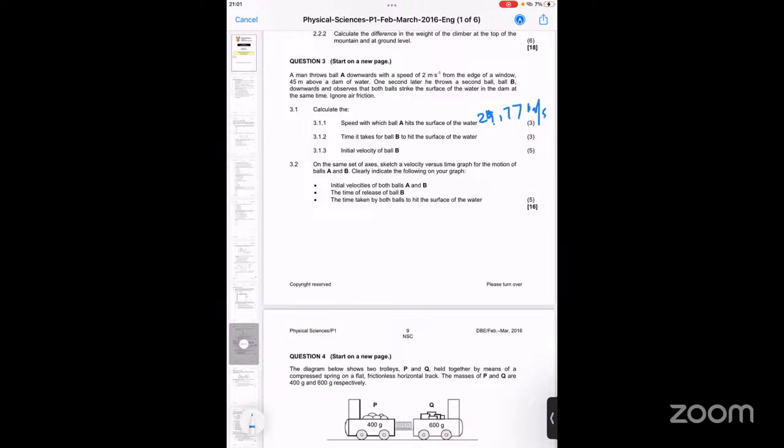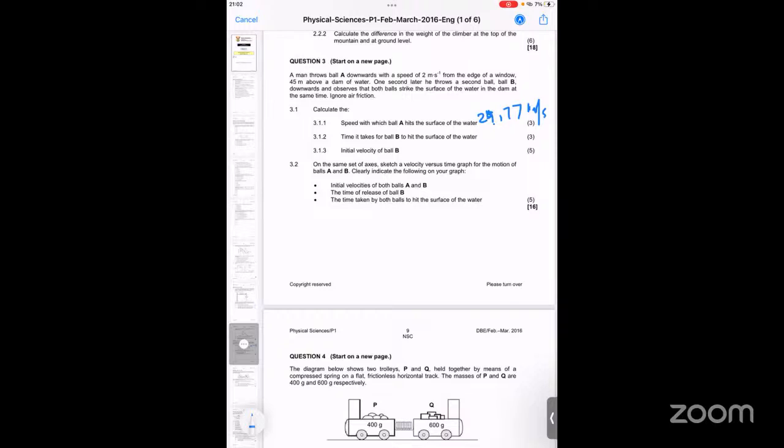So, what you do there is to calculate the time it takes for object A to hit the ground. If object A, for example, takes 3 seconds, and then they are saying there's another ball which was thrown down, but that ball was delayed by 1 second. So that means the second ball, if it gets to the surface at the same time as object A, is traveling faster than that one.